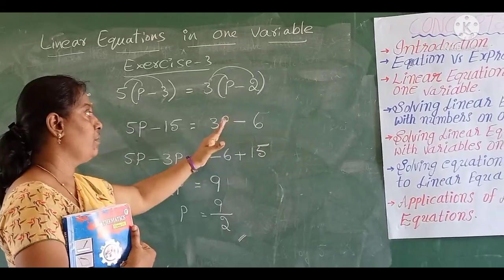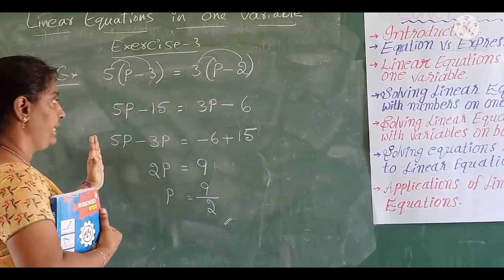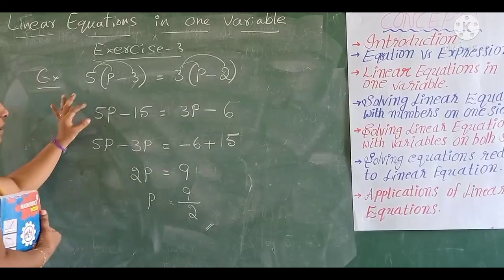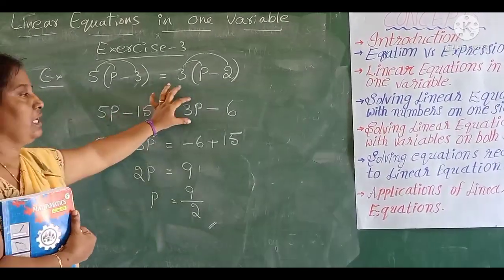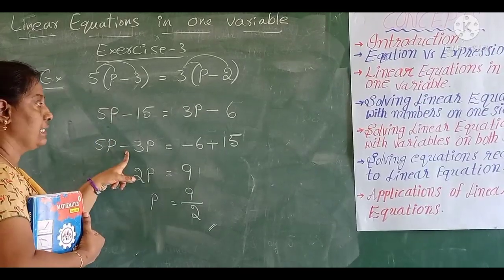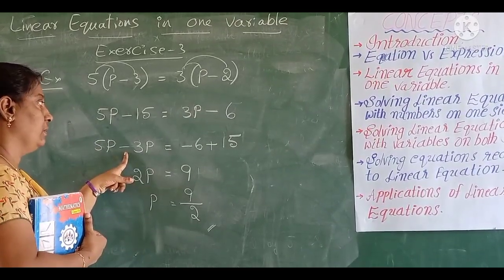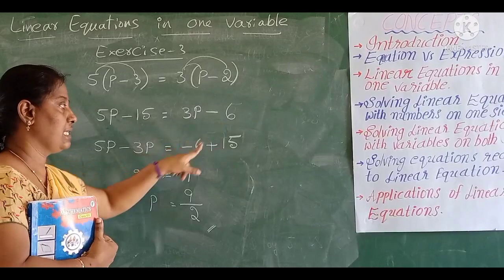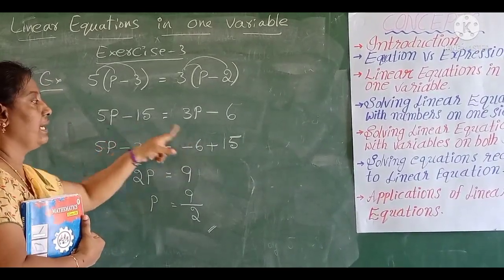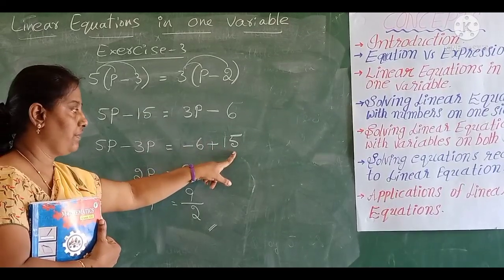So move all variables to the left side and all constants to the right side. 5p is already there. 3p is on the right side, so moving it to the left side, minus 3p will come. Minus 6 is already on the right side. Minus 15 on the left side, moving to the right side, becomes positive 15.